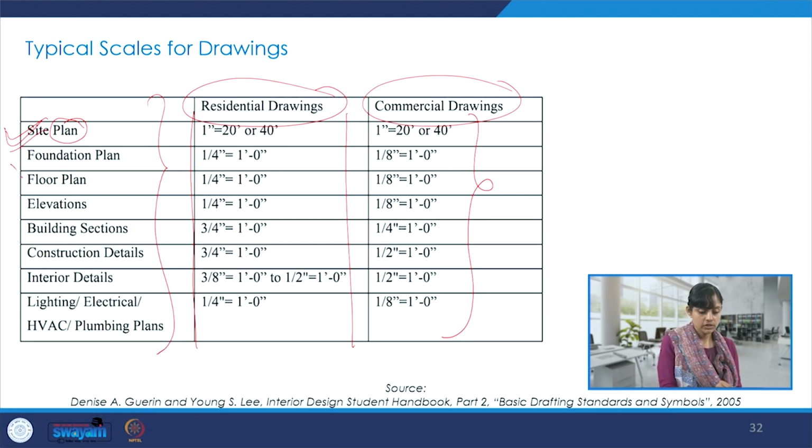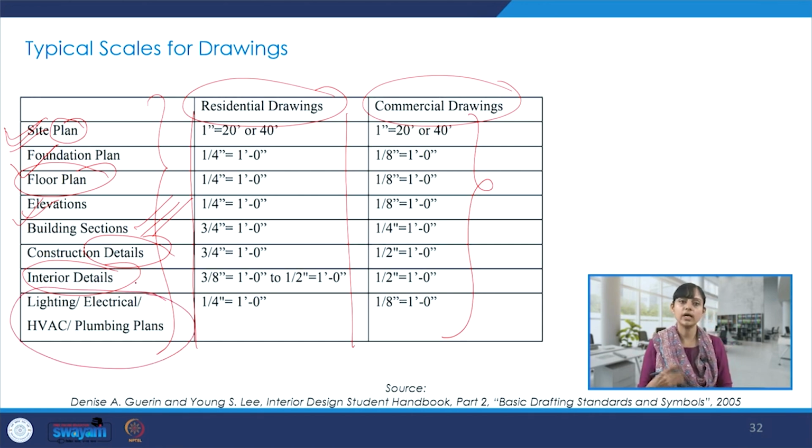Then there is a foundation plan, and you have floor plans, which are very important for interior architecture project portfolios. There are a lot of elevations of different walls, lots of sections, and your construction details and working drawings, and interior details like surface finishes, tiling, false ceiling details, etc. And then, of course, services.